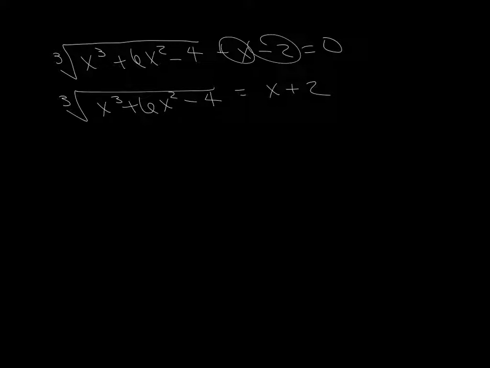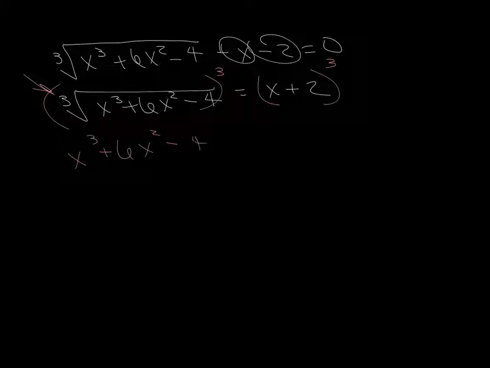Alright, now that we've done that, instead of squaring both sides, what do you think we're going to do? We're going to cube both sides. And when we cube both sides, that takes off the root sign. But now we have to do the FOIL method to that twice.